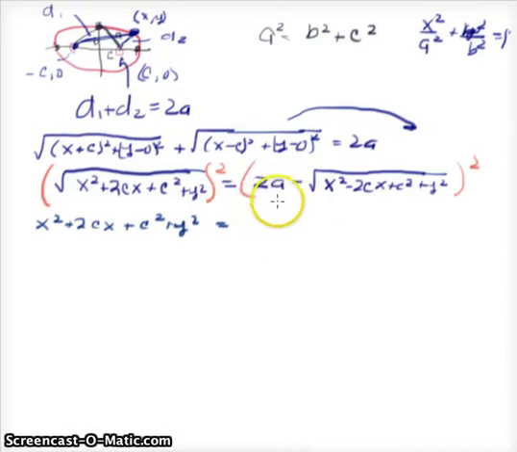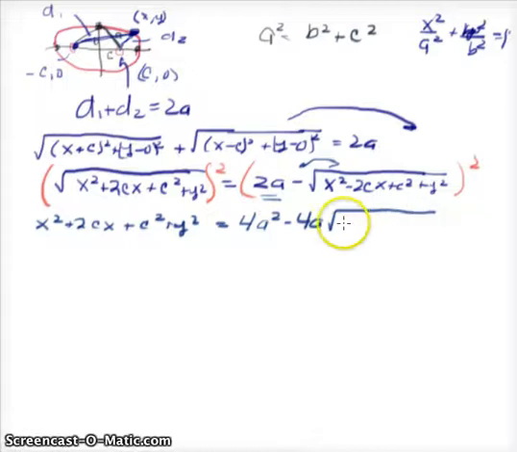So this goes back to the first week of class. I gave you a shortcut. Square this, so that's 4a squared. Multiply these two and double. If you multiply those two and double, you get minus 4a radical blah.